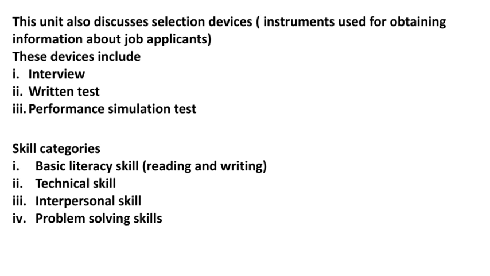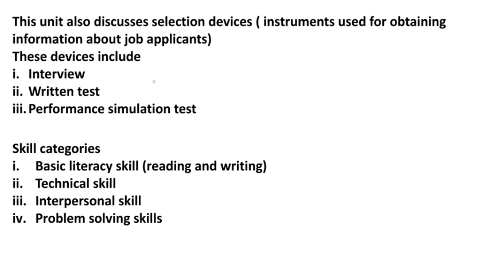This unit also discusses selection devices, which include interview, written test, performance simulation test. We know selection devices are instruments used for obtaining information about job applicants. So all these devices are used to obtain information about the job applicants.